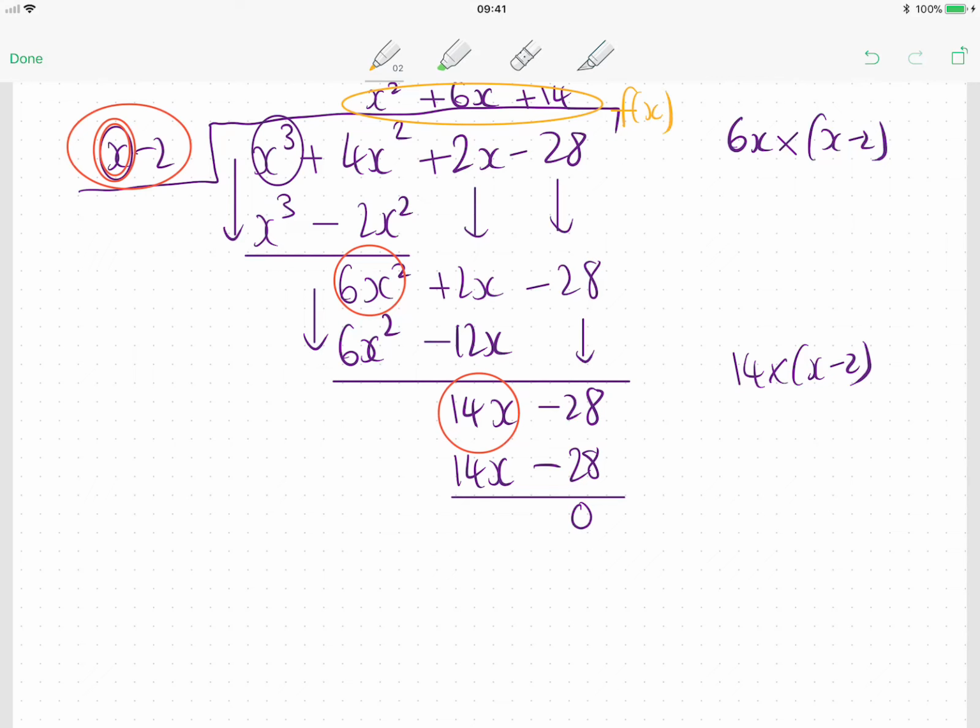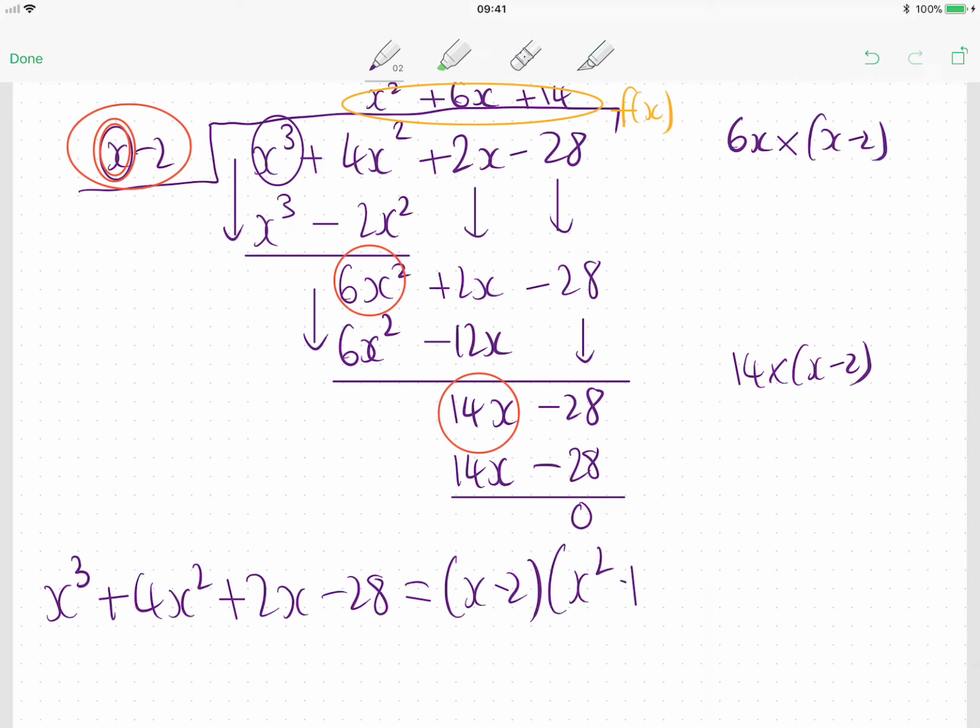Right, okay, so what I've done is I've found that quadratic, that f of x just sits up here. So actually, what I've done, I've shown this cubic is the same as x take away 2, x squared plus 6x plus 14. And for part B, I wanted to know when is this 0?